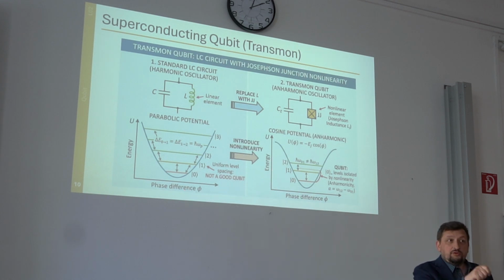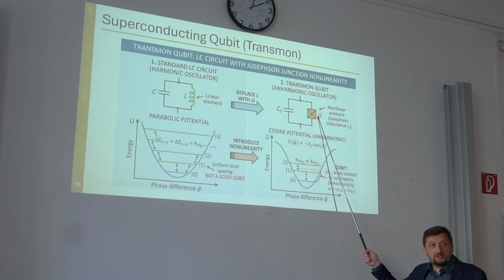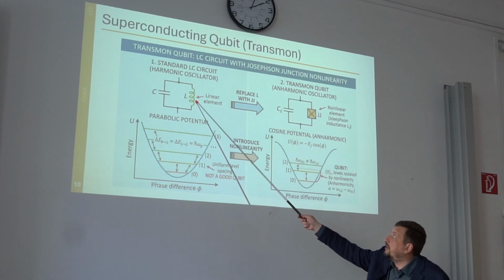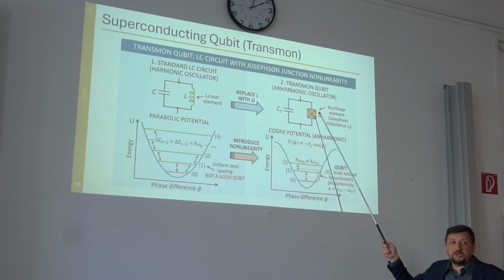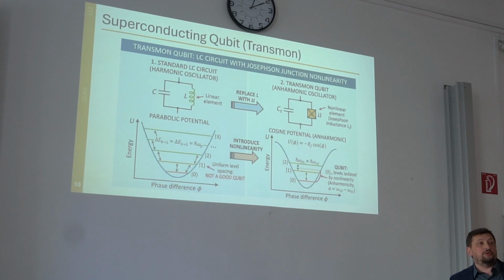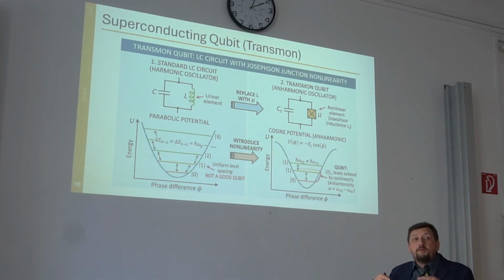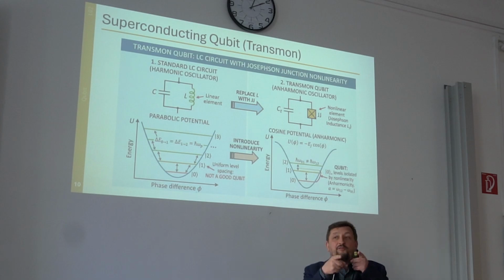We need to introduce nonlinearity, and nonlinearity is introduced by Josephson junctions. Instead of the usual linear inductance, we introduce Josephson junctions, and they have strong nonlinearity because the current through a Josephson junction depends on the sine of the phase difference on the two sides of the junction. And sine is a very nonlinear function.